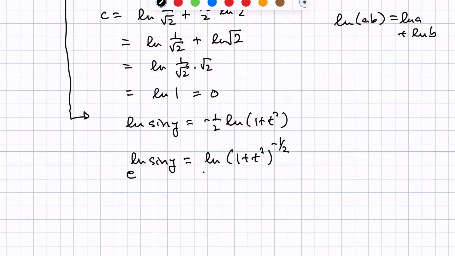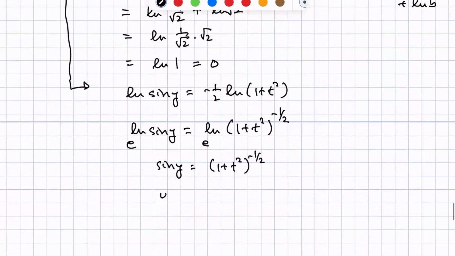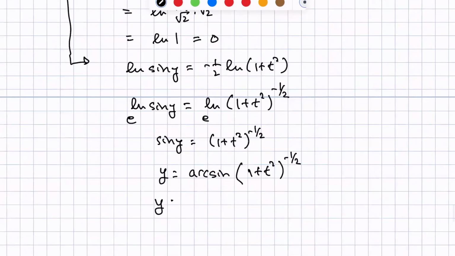And then I can exponentiate both sides. I get sine of y equals 1 plus t squared to the negative 1/2. So y is equal to the arcsine of 1 plus t squared to the negative 1/2. And you can also write this as arcsine of 1 over square root of 1 plus t squared.